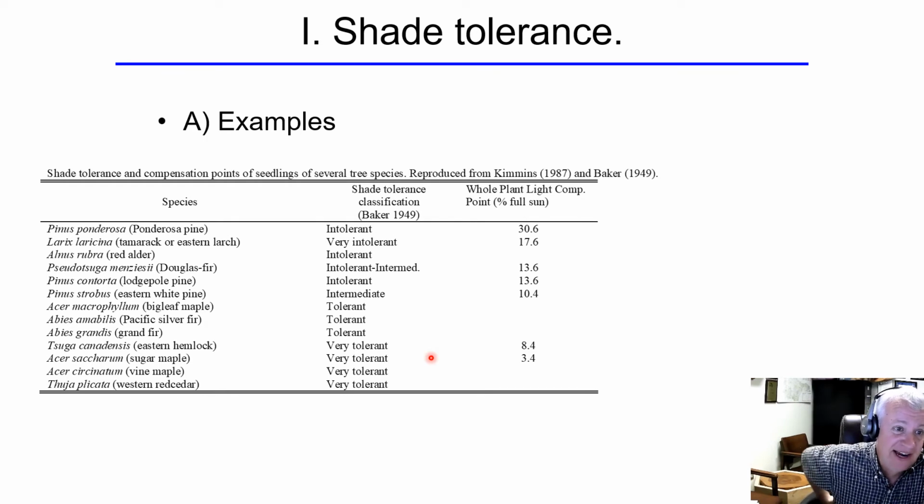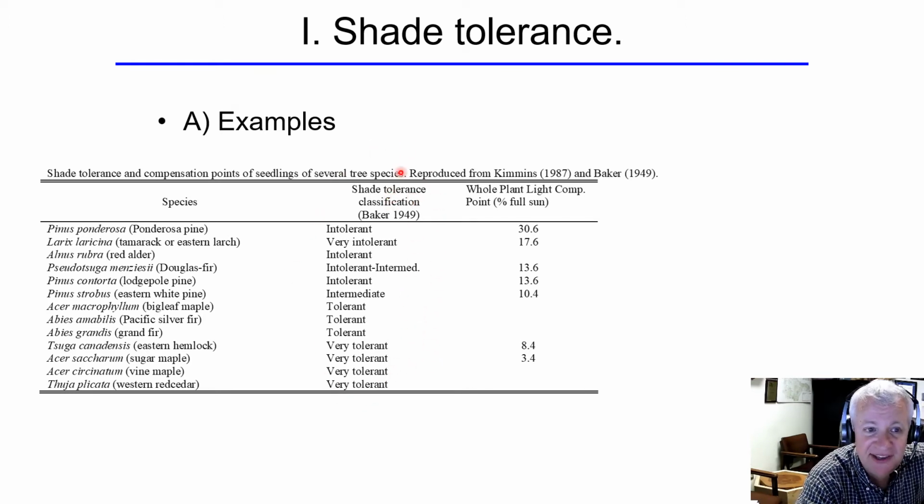And these are arranged roughly from shade intolerant, so ponderosa pine and eastern larch, some of the most intolerant species, through some intermediate species like eastern white pine to very shade tolerant species like western red cedar or sugar maple. Again, those are basically all based on expert opinion.